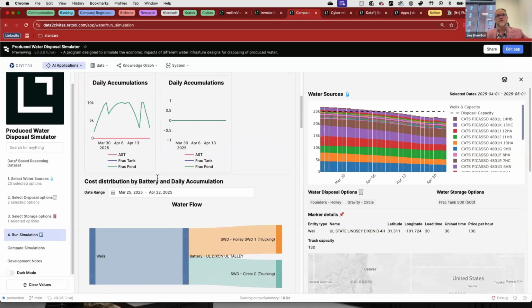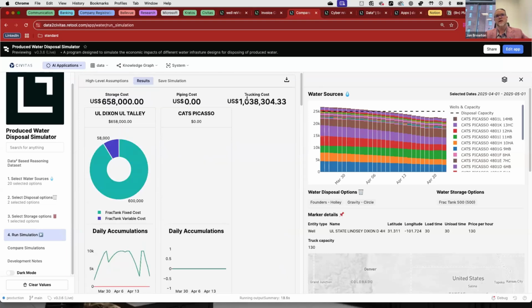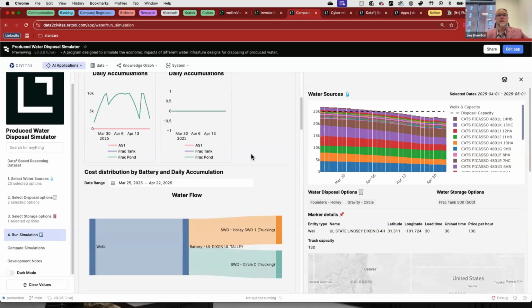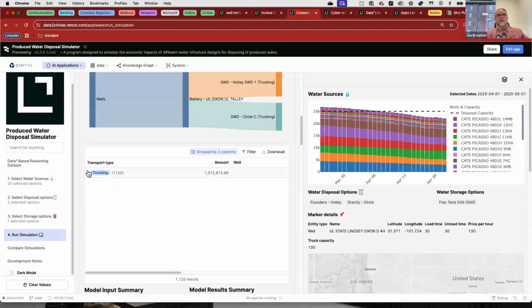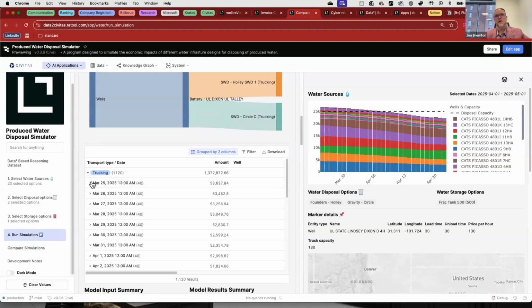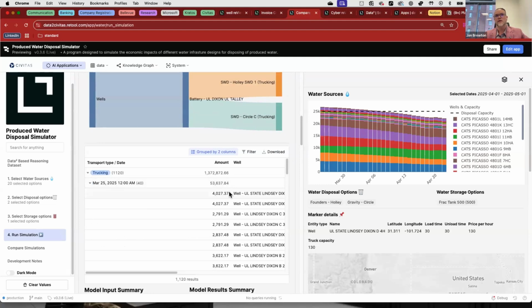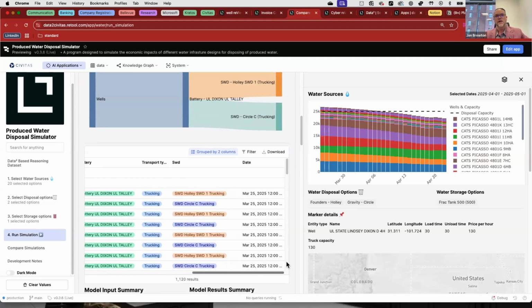When we push this out to production superintendents, we can see, hey, on a cost basis, we're looking at a couple of different alternatives. We're going to dispose in these assets. We have these wells. If we're going to do trucking only, we know that on this day we need to handle 53,000 barrels, and we need to do it from these quantities from these wells on each one of these days.